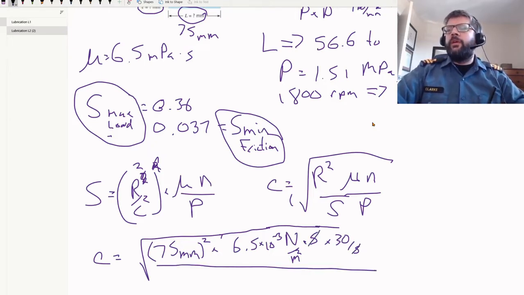All divided by our S value. I'm going to leave this there for now because we're going to plug it in for the two different numbers. And our P value, which is going to be 1.51 newtons per millimeter squared.